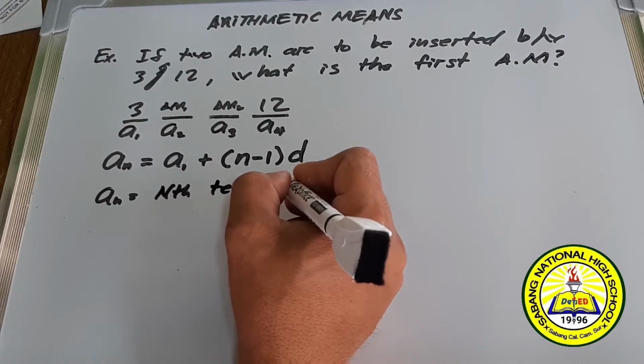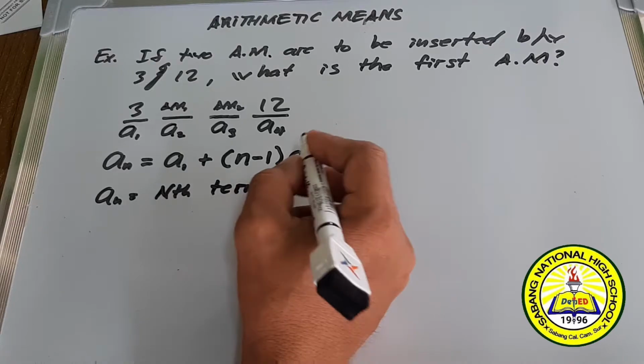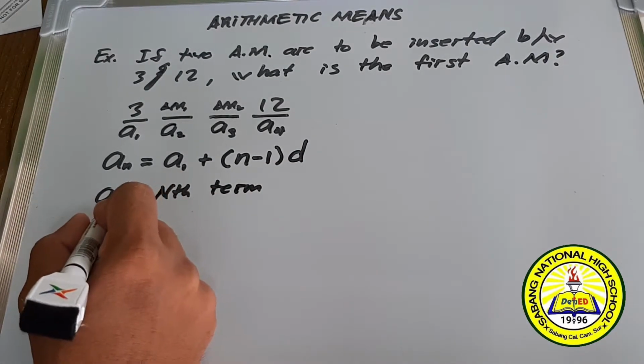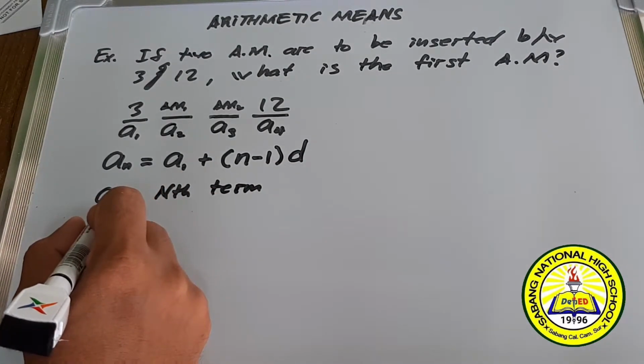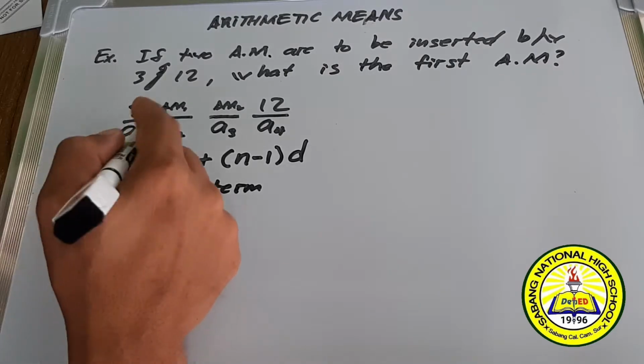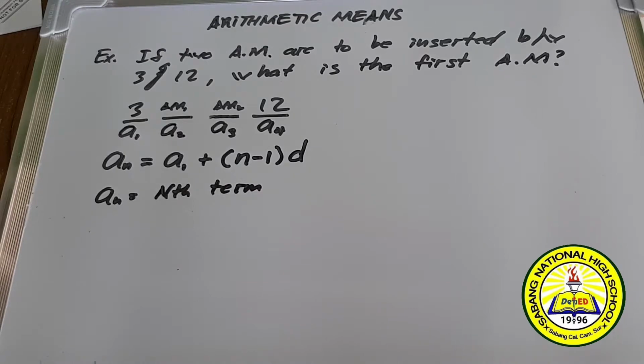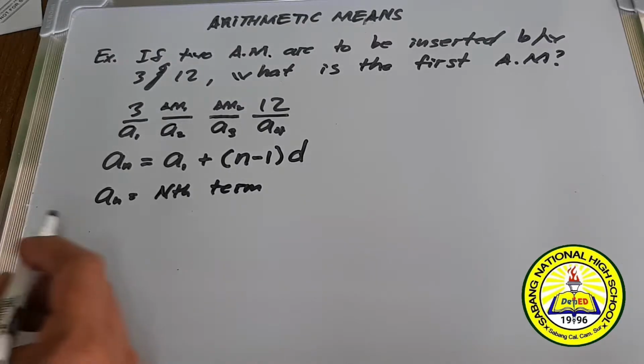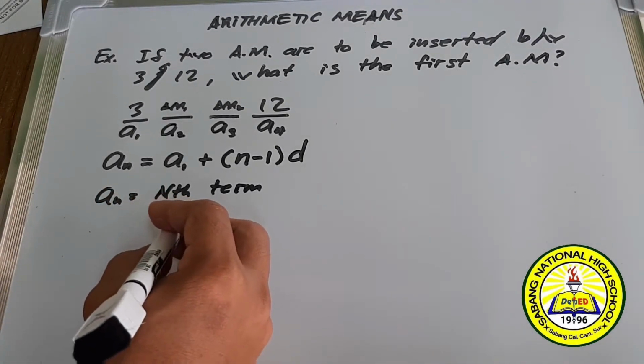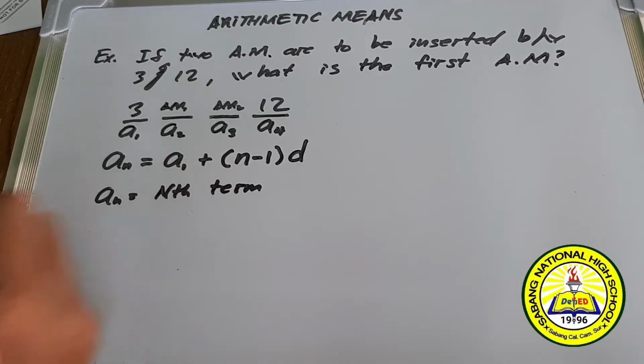That could be the fifth term, where n is equal to 5. That could be the 10th term, where n is equal to 10. That could be the second term. That could be the third term. So, since our problem is to find the second term or the first arithmetic mean, we are going to find A sub 2.